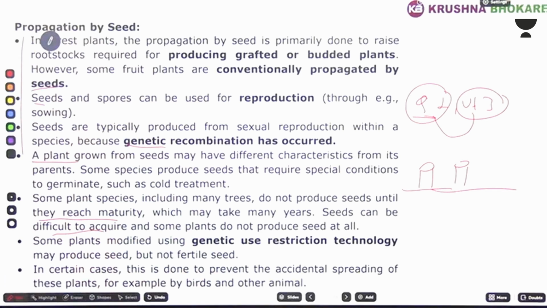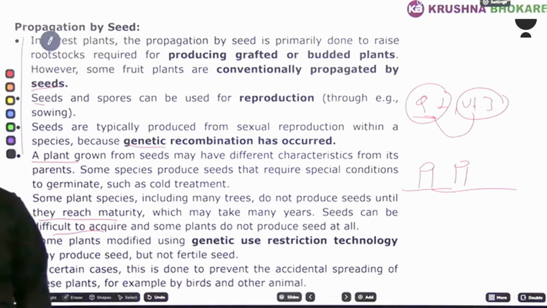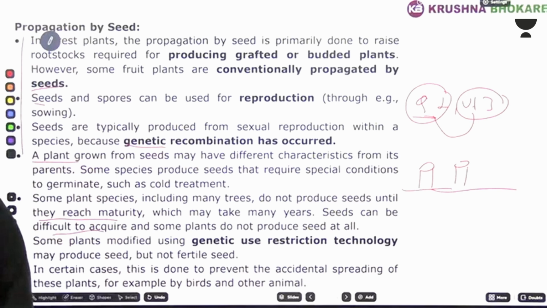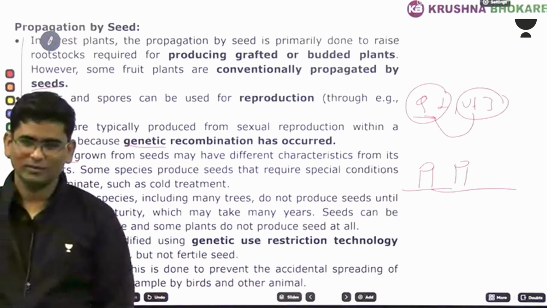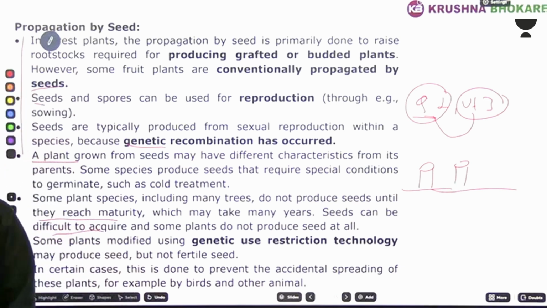Money plant करता है क्या? नहीं करता. क्यों नहीं करता? पैसे देता है. There are some plants which are not producing viable seeds. गिलोय भी नहीं करता. Mostly stem से होता है. Stem से होता है. Okay.